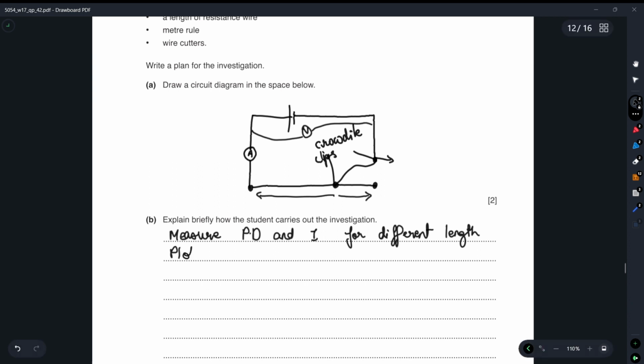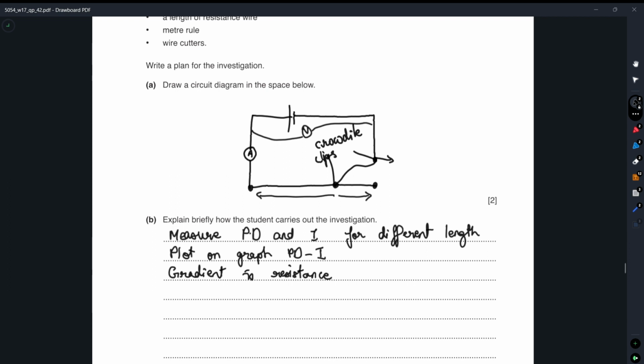Plot a graph. Gradient is resistance. PD against I. So yeah, you can do this essentially.